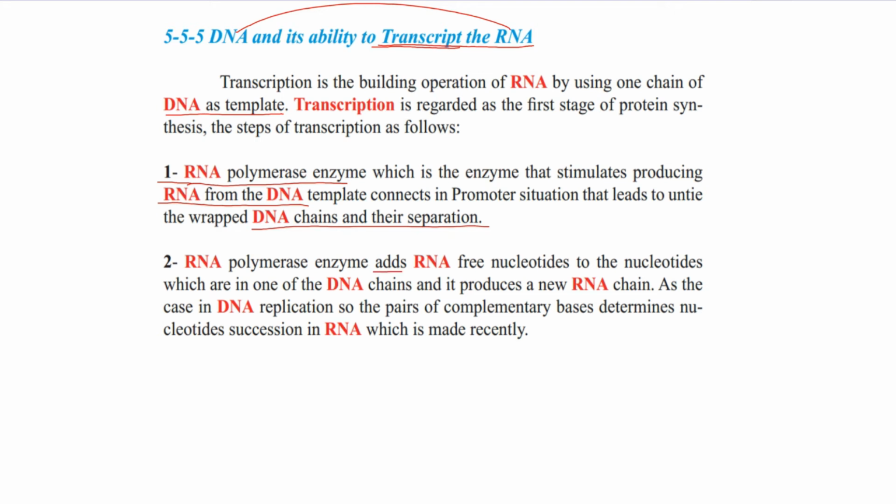RNA polymerase enzyme adds free RNA nucleotides to the nucleotides which are in one of the DNA chains, and it produces a new RNA chain. As in DNA replication, the pairing of complementary bases determines the nucleotide succession in RNA.